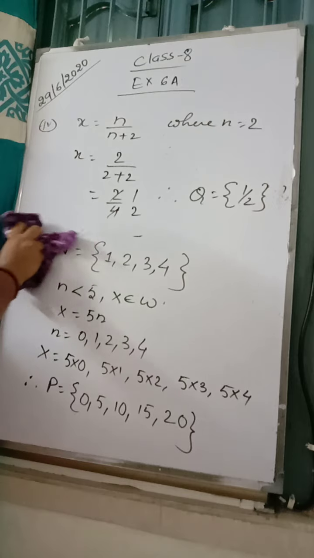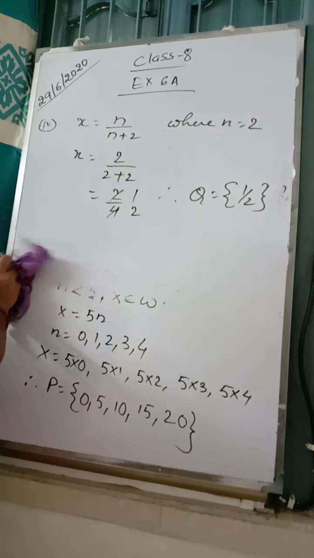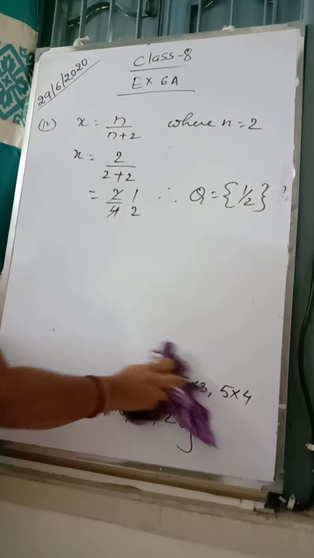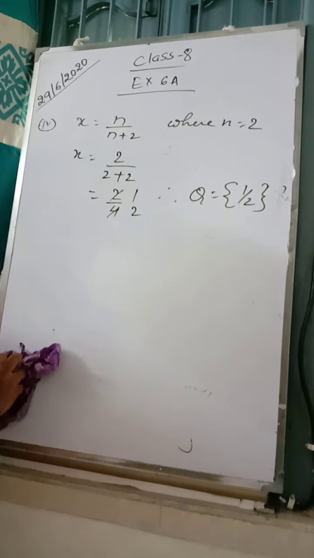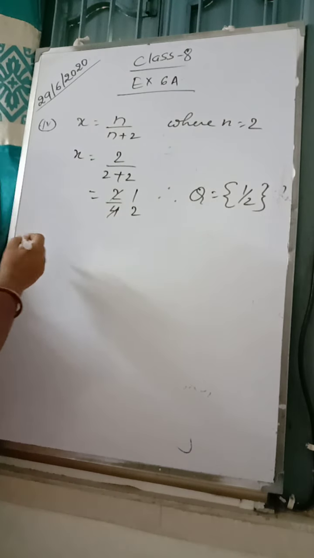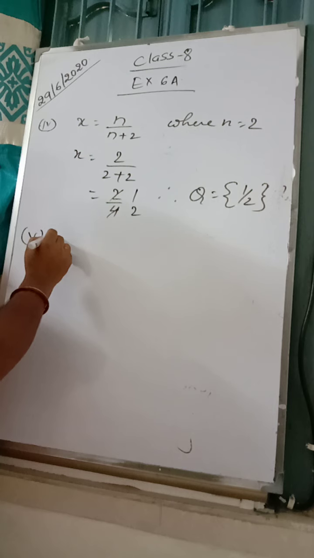Now the last one, R is x, where x is a 2-digit number whose sum is 11. So what are the digits whose sum is 11?